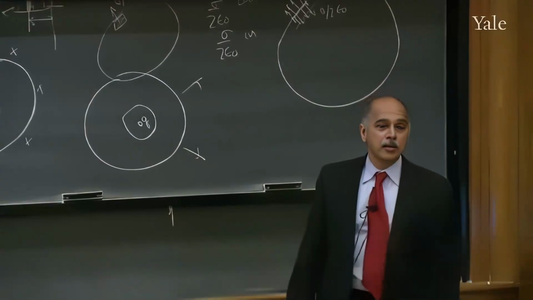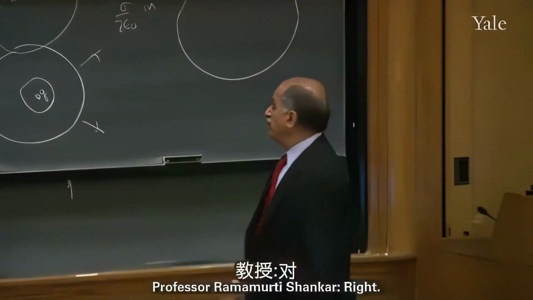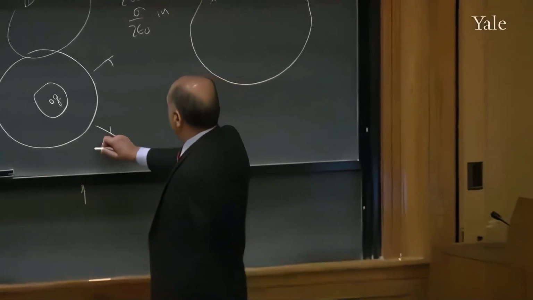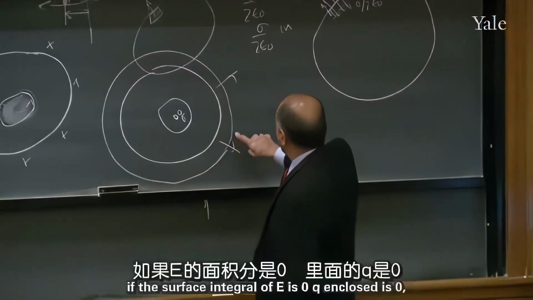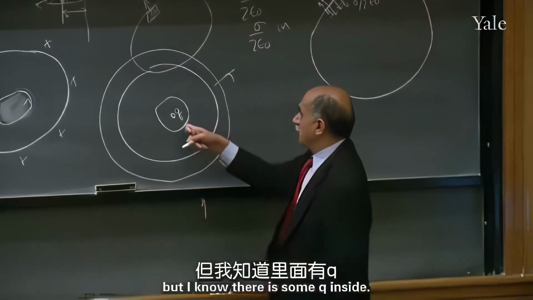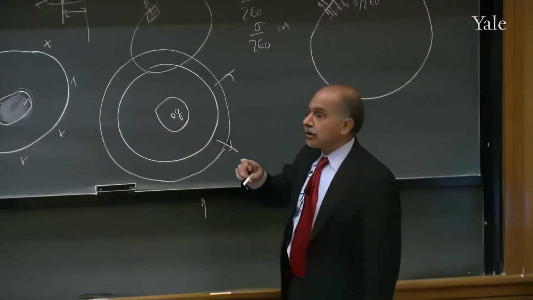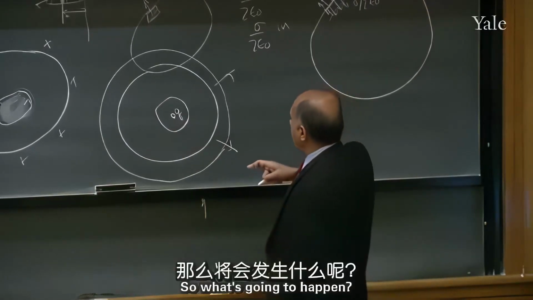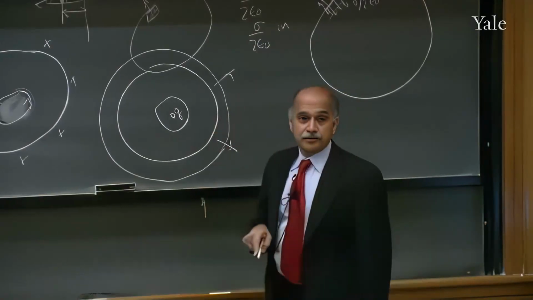Yep. Because? Right. If there were no field lines here, and I do Gauss's law on this surface, if the surface integral of E is 0, Q enclosed is 0, but I know there is some Q inside. So what's going to happen? I want the field lines to be present here and absent here.